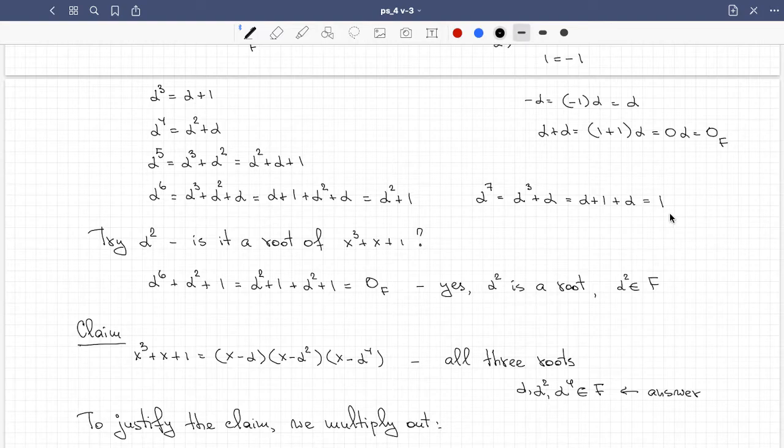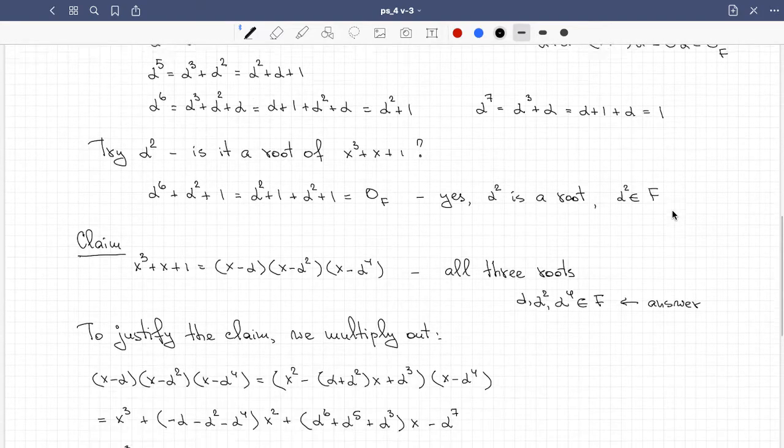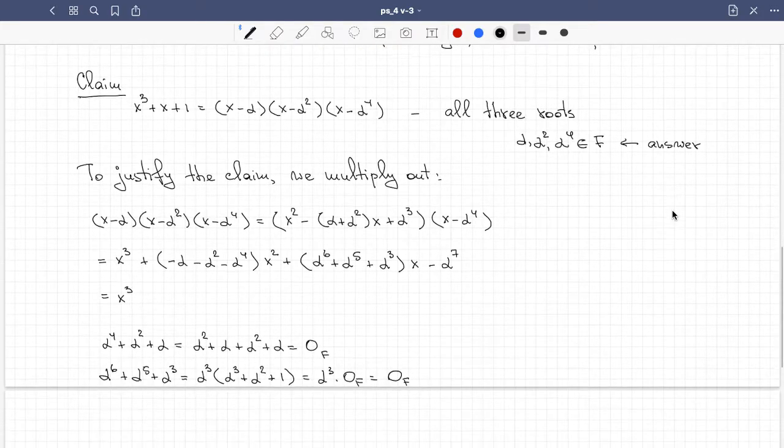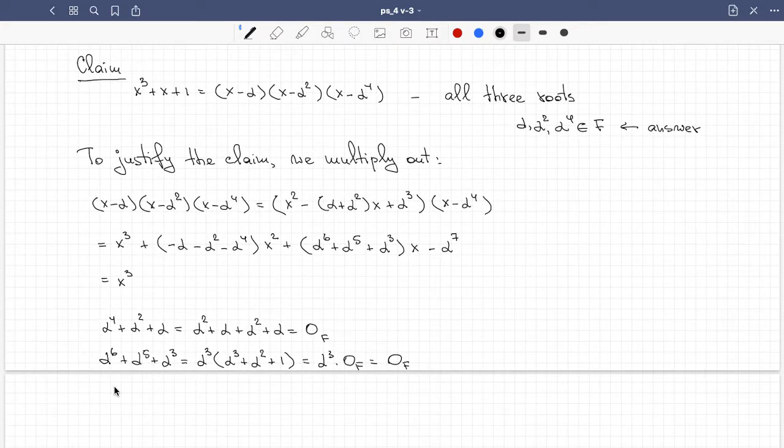This 1 may be considered as 1 in F or 1 in Z mod 2. This is the same thing. So we have alpha to the 7 equals 1. So the whole thing is, oh, sorry.